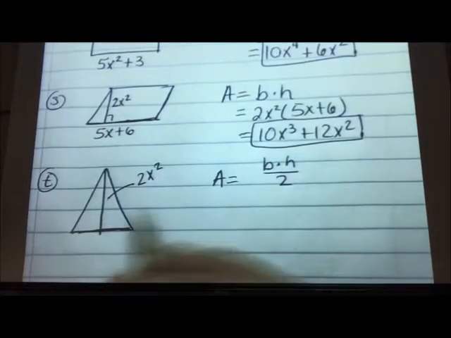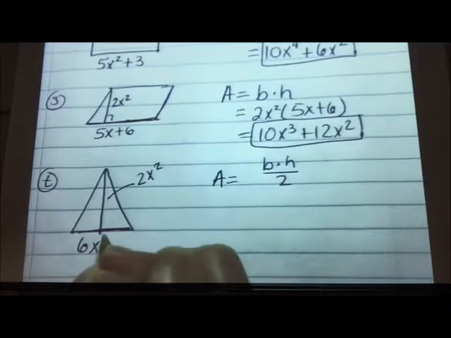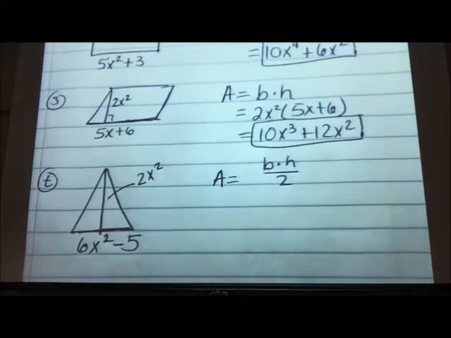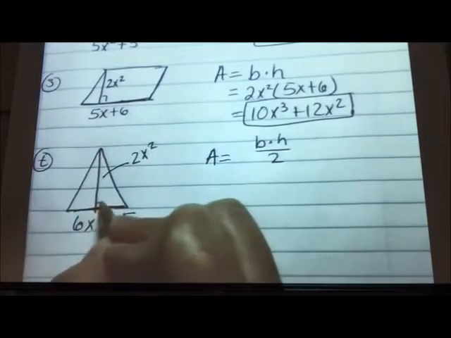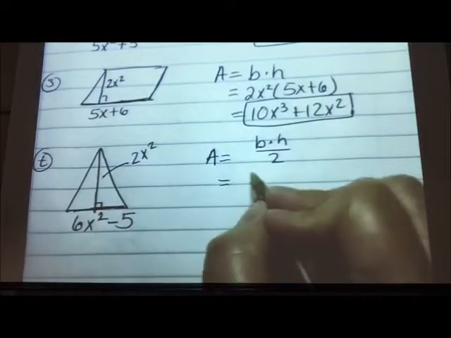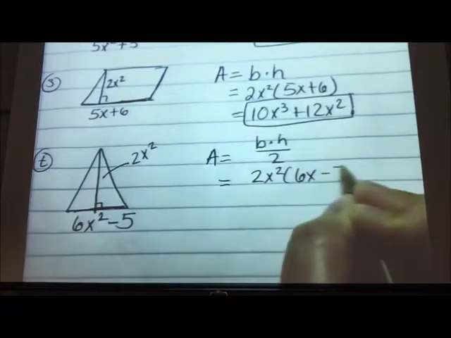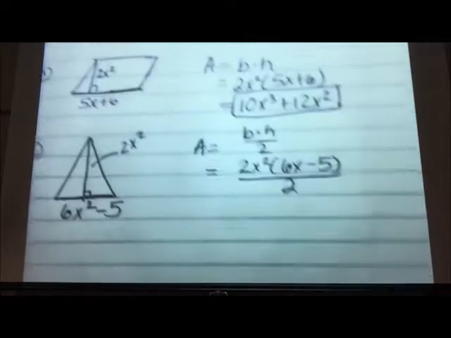The base of it, let's just change that a little bit, would be 6x squared minus 5. So we do the same thing. Set it up. Base times height. You multiply the top. Just at the very end, we're going to have to divide by 2.